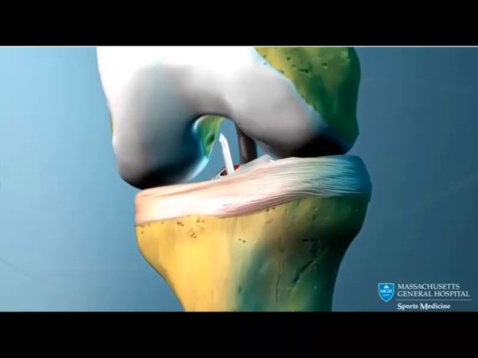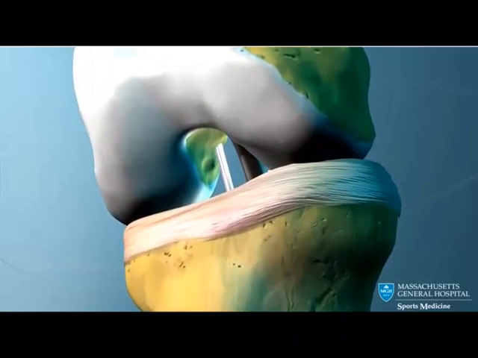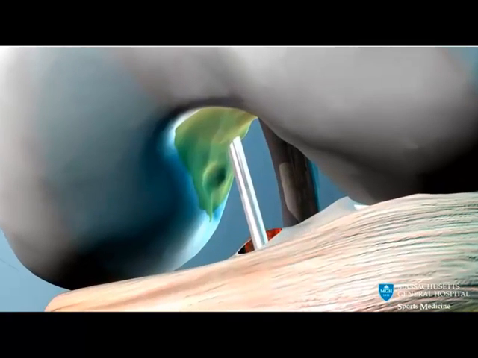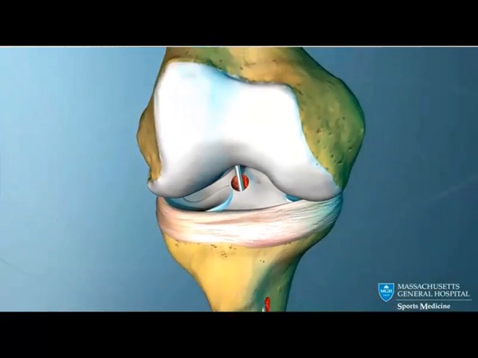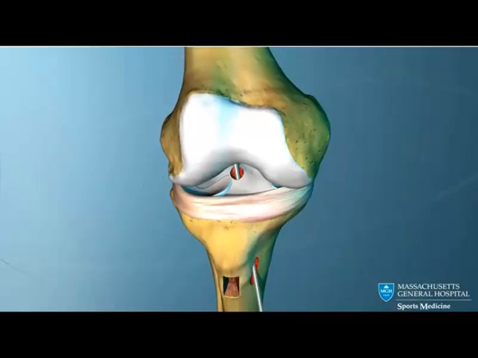A guide pin is now passed through the tibia tunnel and into the femur. It is drilled into the bone at the spot where the ACL normally attaches to the femur. The pin is over-drilled to the appropriate depth.